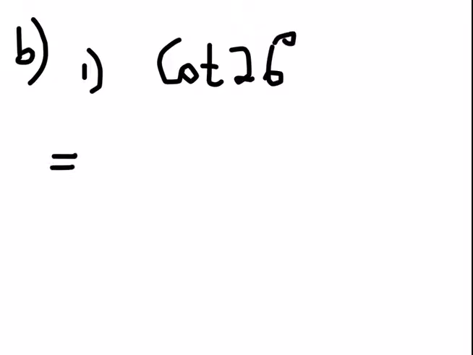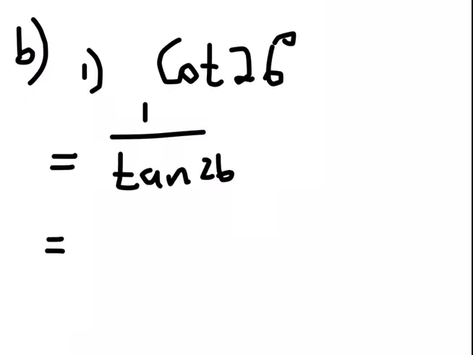So for this example, you are given cot 26 degrees. For this one, where the angle is not a special angle, this is where you can write it as 1 over tan 26 degrees. And then from there you punch it on your calculator.